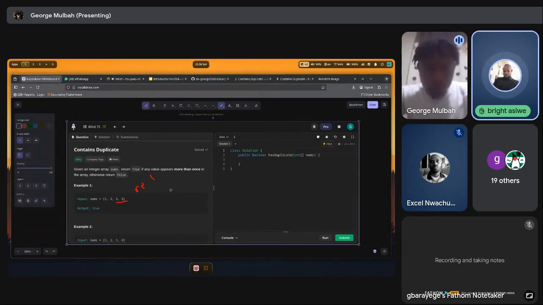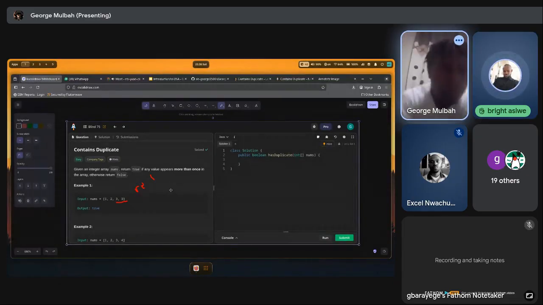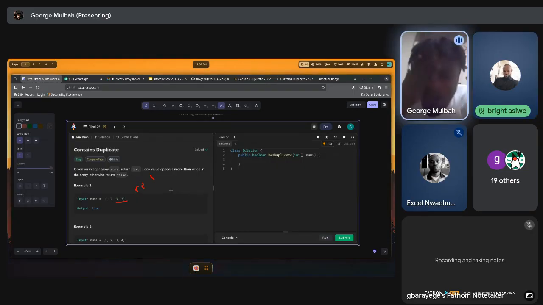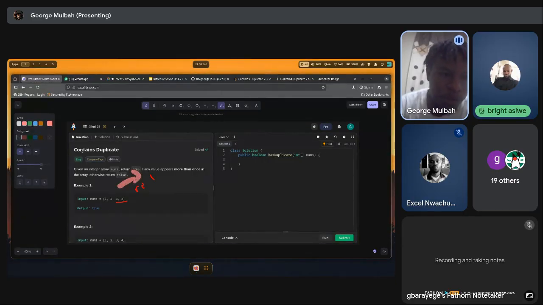Is the set still the best approach to keeping extra space? There are a series of approaches to use, but the reality is, if you sort this array, one approach is the one you are talking about.